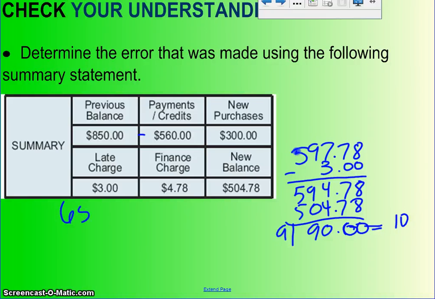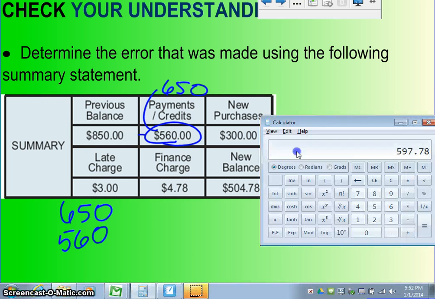It means that if something was 650 and you wrote it as 560, then you transposed it. So if this payment was accidentally made for 650 instead of 560, and we take that late charge out, let's see if we end up with the 504.78.